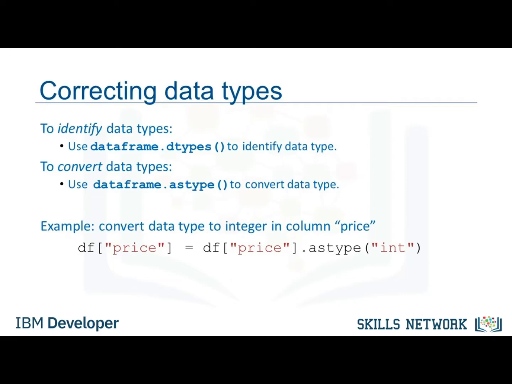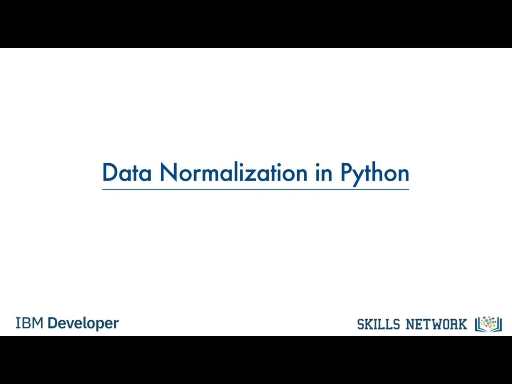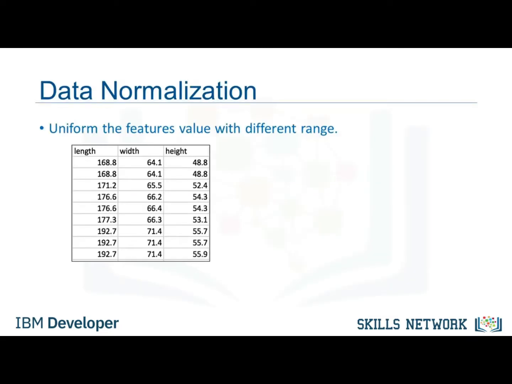In this video, we'll be talking about data normalization, an important technique to understand in data pre-processing. When we take a look at the used car dataset, we notice in the data that the feature length ranges from 150 to 250, while feature width and height range from 50 to 100.